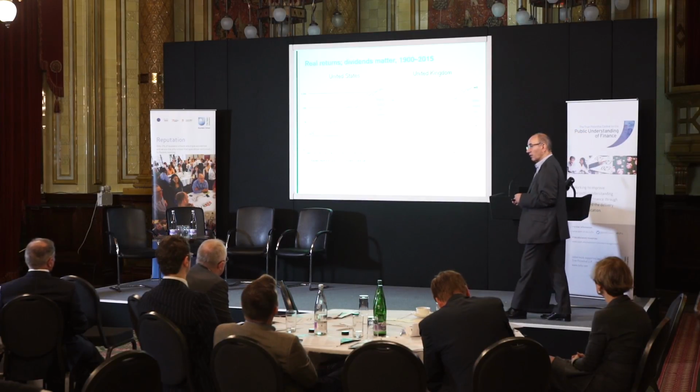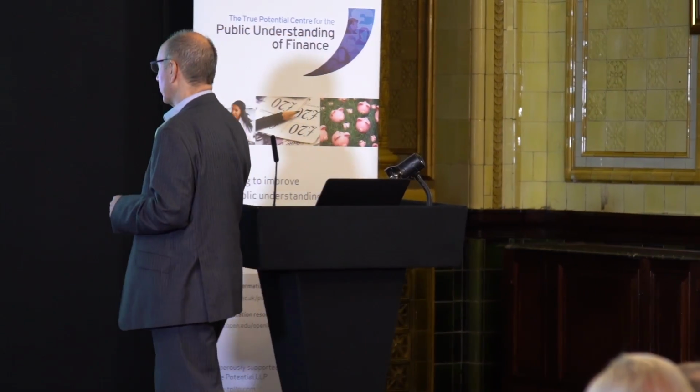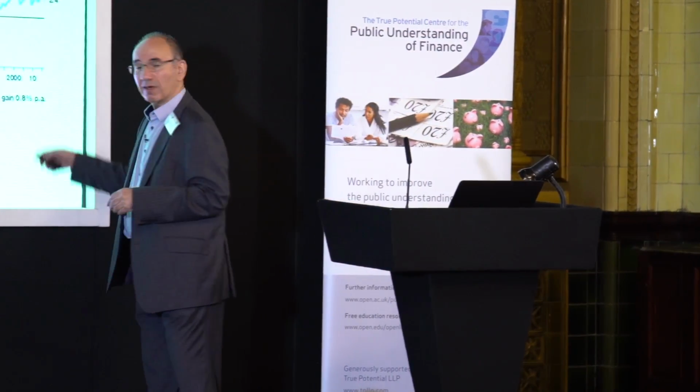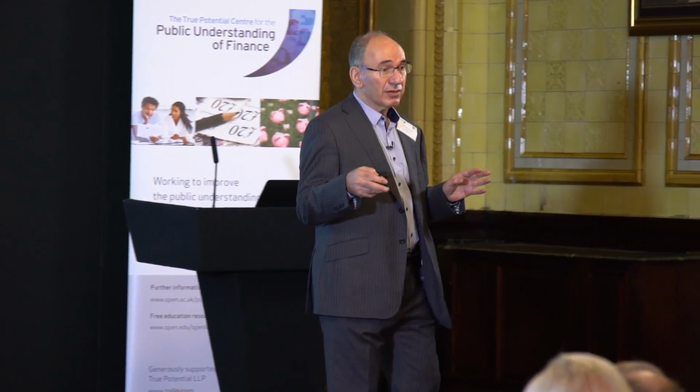For the UK, the total return in real, inflation-adjusted terms, was 5.4% per year. Capital gains was 0.8% per year, and the gap is to do with inflation. So for these two countries, reinvested dividends represent a large proportion of the total return. Not 100%, but a large amount, 85%.